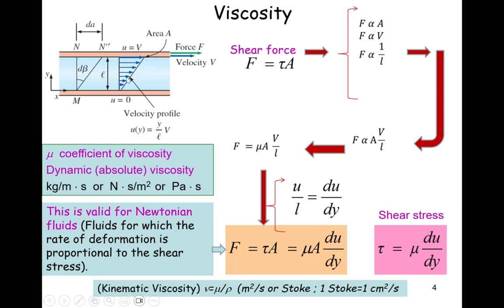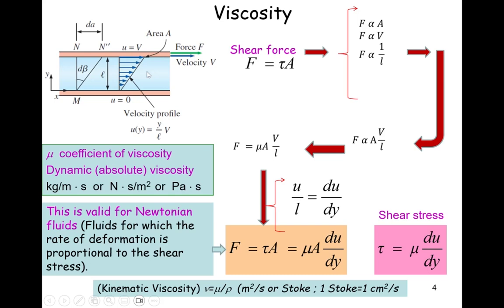You can see the velocity in this case developing linearly. Then if we want to estimate the force, suppose that we want to move this plate at 1 meter per second, we want to know what force we need to apply.